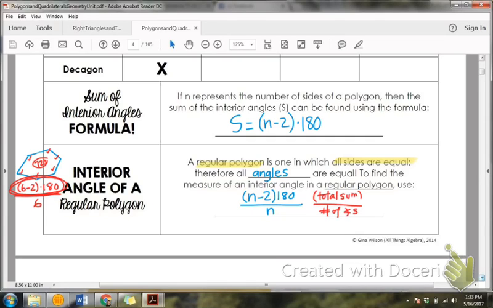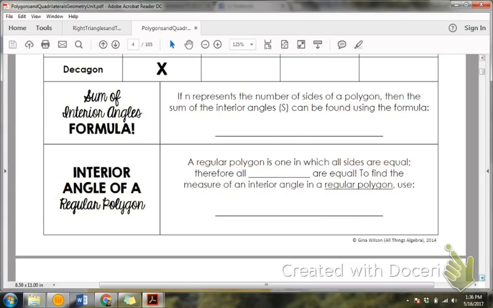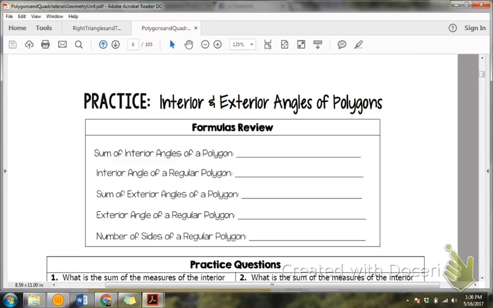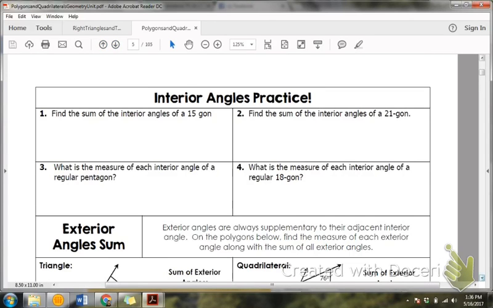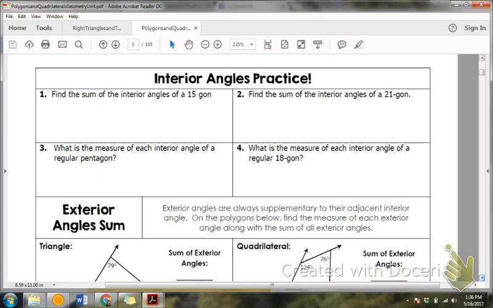Okay, so let's look at a couple of examples here. Example 1 says, find the sum of the interior angles of a 15-gon. That means I want to find out how much total is the interior of a 15-gon. If I wanted to find the sum, remember I need to take the number of triangles times 180.